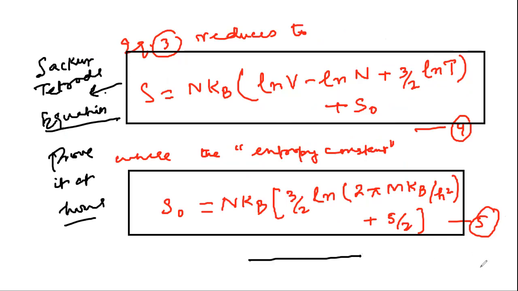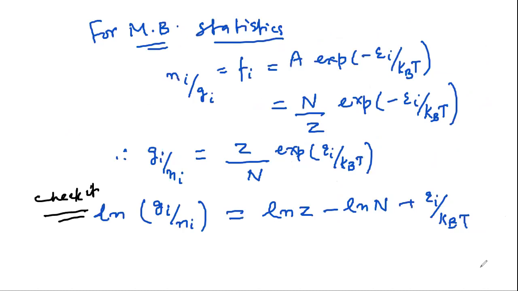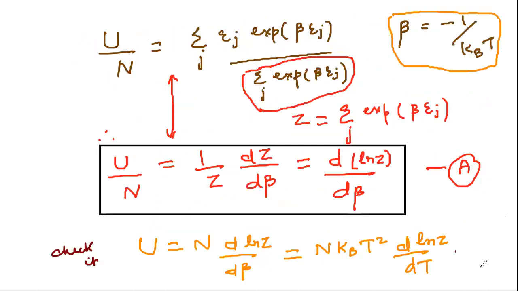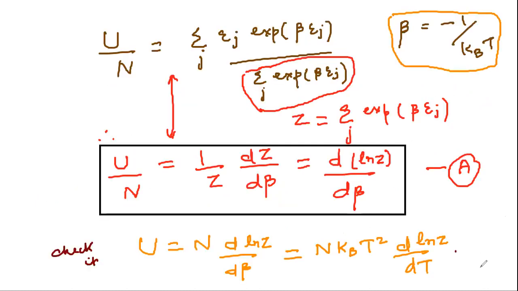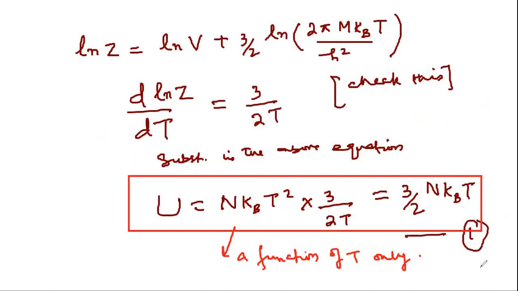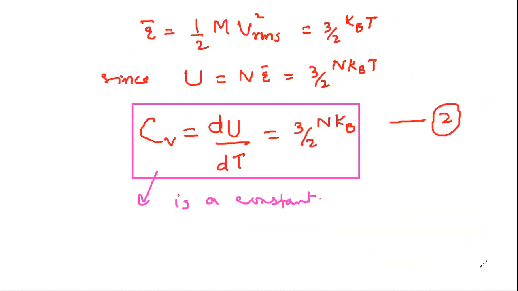So I stop here. Before stopping, I will summarize what we did. So today we were discussing the thermodynamic properties of a Maxwell-Boltzmann gas. So first we found the internal energy and the heat capacity at constant volume, and we saw that our expressions were the same as we obtained using kinetic theory, or as you might have done in your earlier class, the kinetic theory of gases.